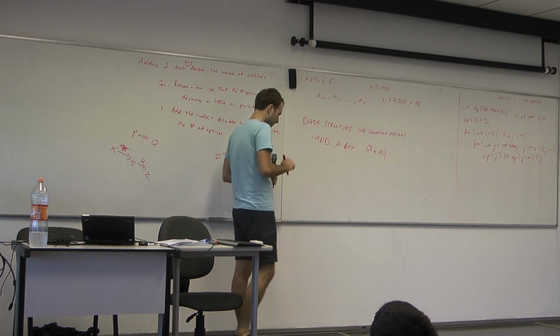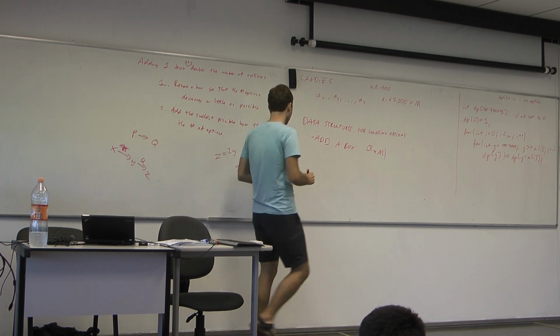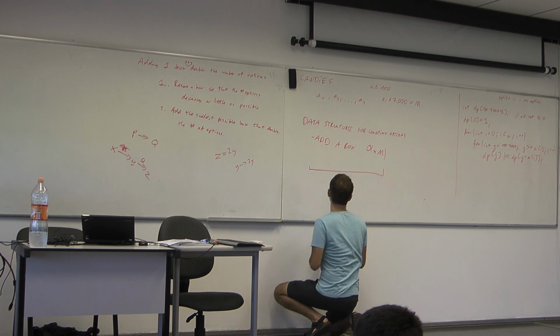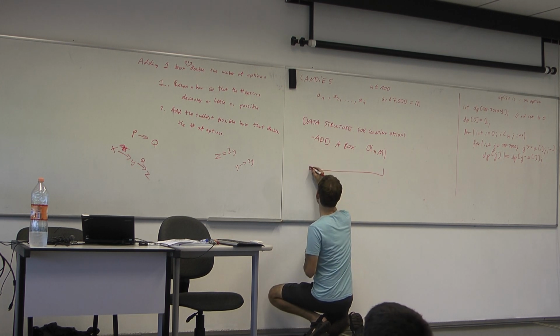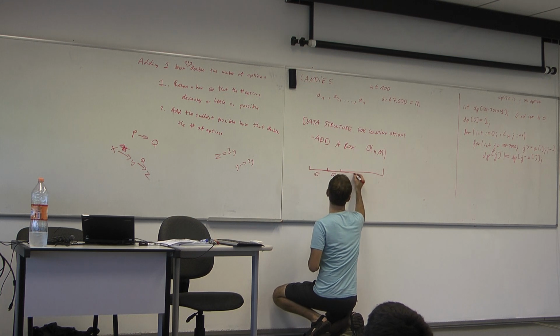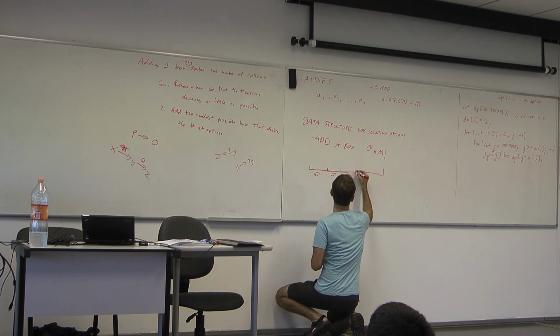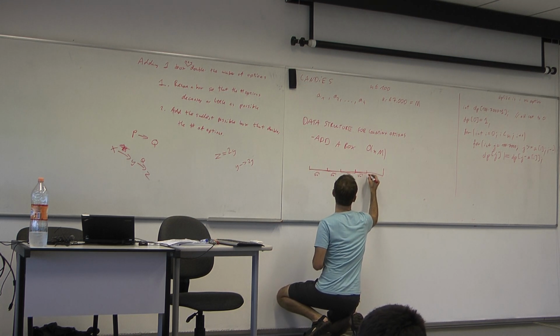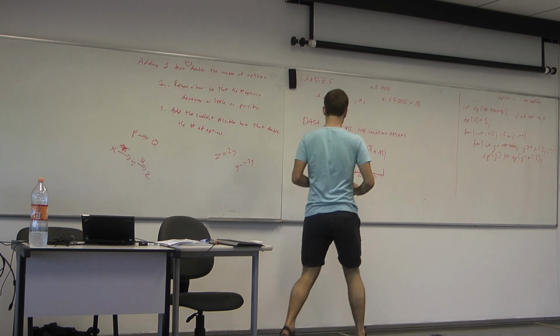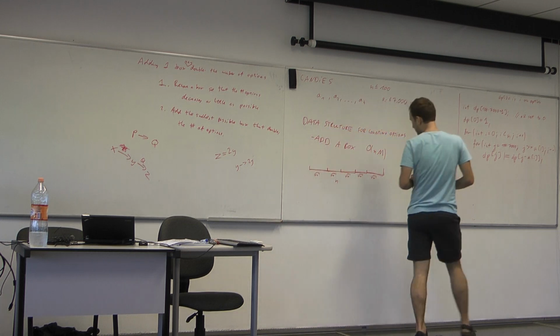But what we can do is as follows. Here are the n boxes we have. Let's divide them into blocks of root n boxes. And we'll do it as follows.